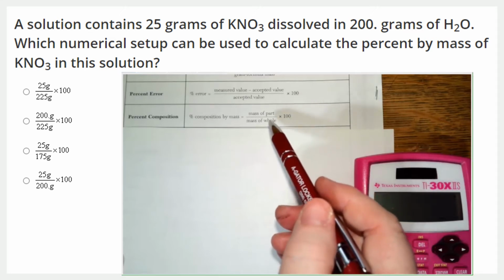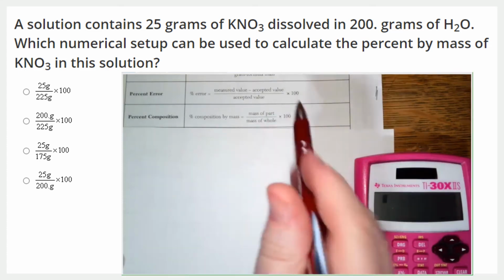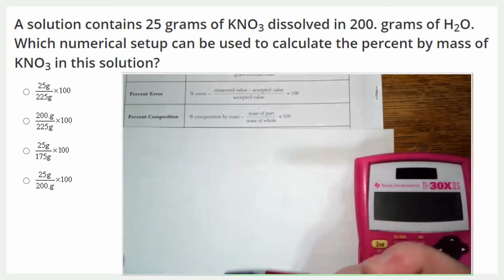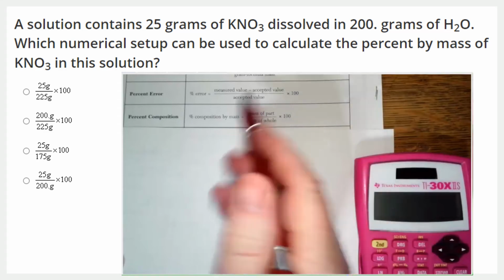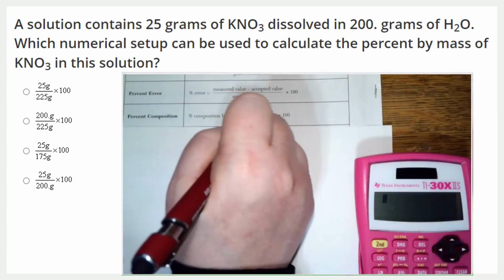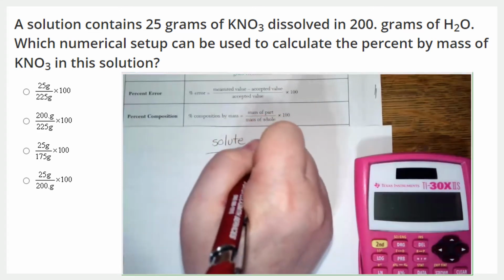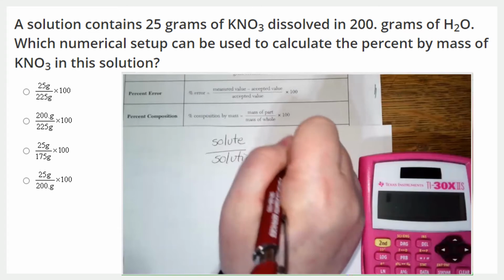I need to know the part divided by the whole and then times 100. The reason I want to write it out is because you have to be careful of something. When you're talking about a solution, the mass of the part is going to be the solute, and the mass of the whole thing is going to be the solution, and then it's times 100.